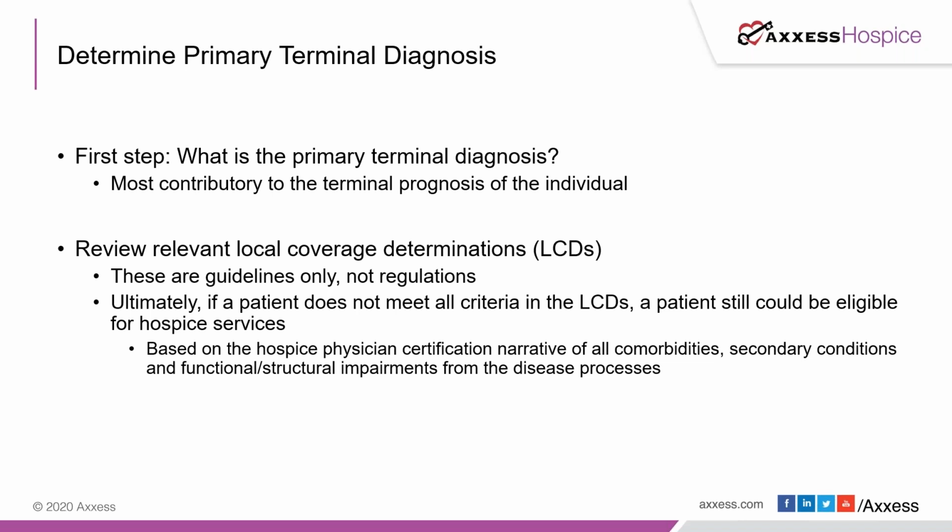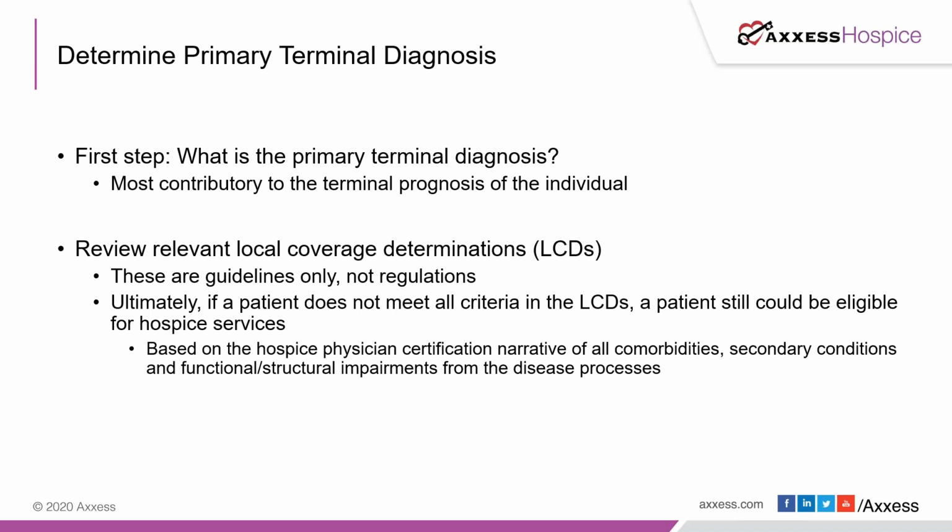And then maybe they have a comorbidity of CHF and they're diabetic. When you put all that together, the LCD requirement that the Alzheimer's patient needs a FAST score of 7A or beyond is only one part of the picture. And that's where it becomes the guideline and not the regulation.